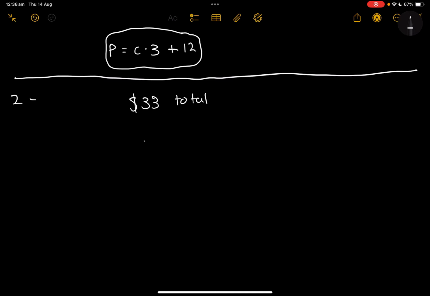You can do 33 take away 12, which will give you 21. So $33 total, 12 automatically, and she made 21 because of chores. So $21 of chore money.